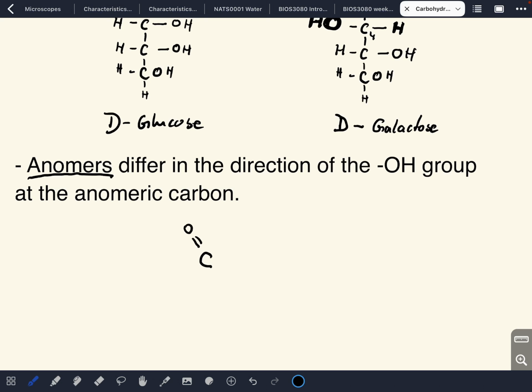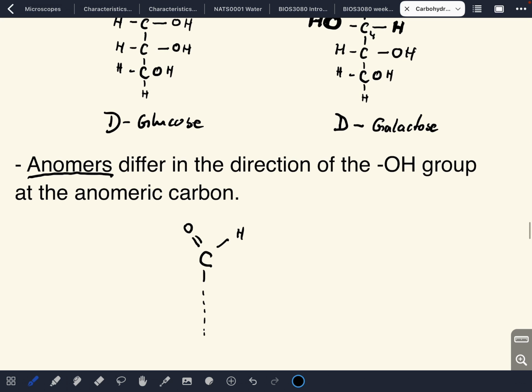So remember, we've got CHO, that would be the aldehyde function, and then we have an OH function, say in position 5, and this OH can basically attack the carbonyl carbon either from that side, or it can also attack it from the other side. And when we look at it, then we get this hemiacetal that we've discussed.